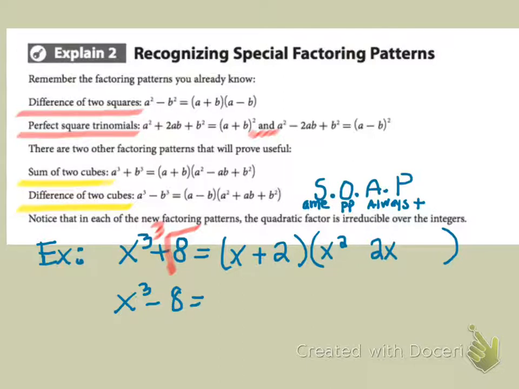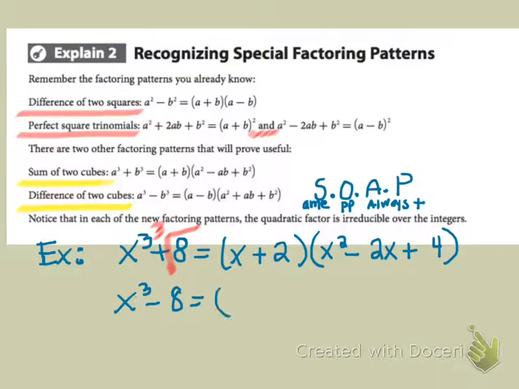And then finally, to get the last term, I square the 2. So I square the first term, multiply the two terms, and square the last term, and that gives me these three terms. Then I can fill in using SOAP. I already have the first sign because it's the same as the original. Then opposite of the original makes that minus, and the final one is plus. So that's where the SOAP comes in.